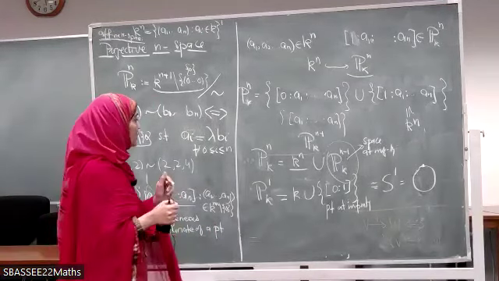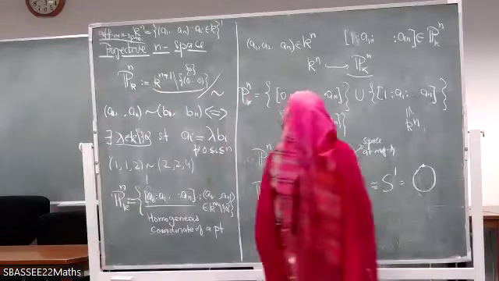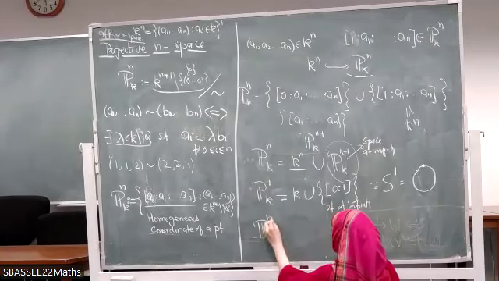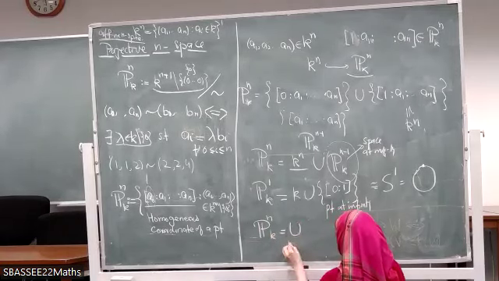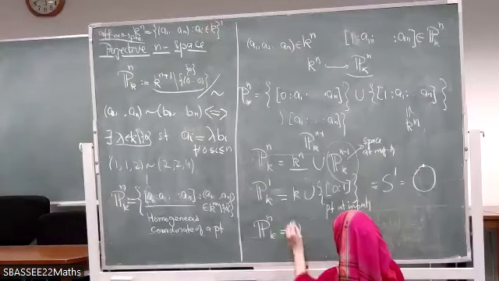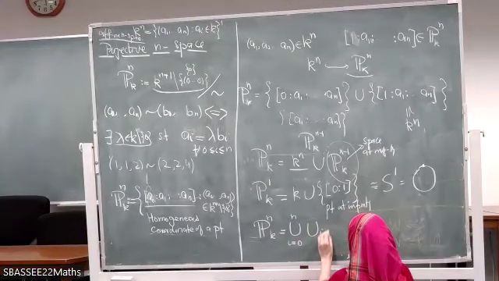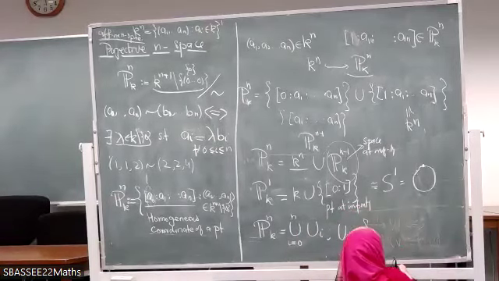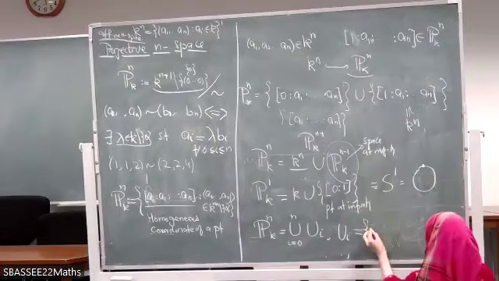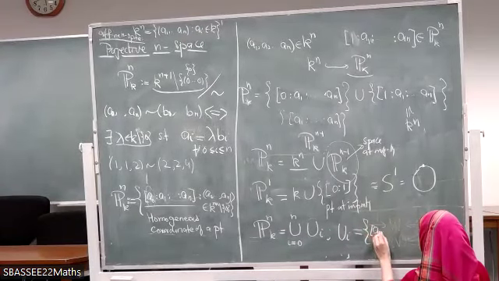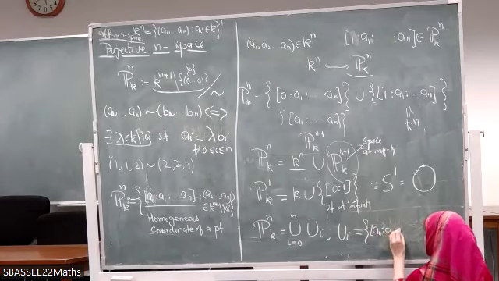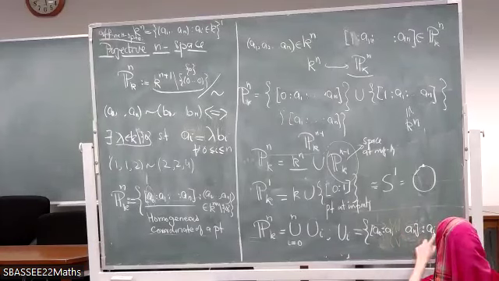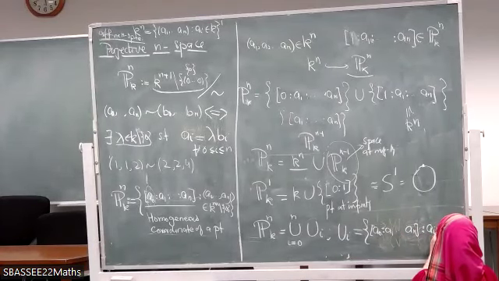Okay, there is another way to write this projective space, which is usually called the open cover of the projective space. So let me write here U equals the union of U_i for i from 0 to n, where the U_i are just these sets. Why are these called open? You can easily answer this question. The U_i is the set of points [a_0, a_1, ..., a_n] such that a_i is non-zero, whichever coordinate i you are choosing.